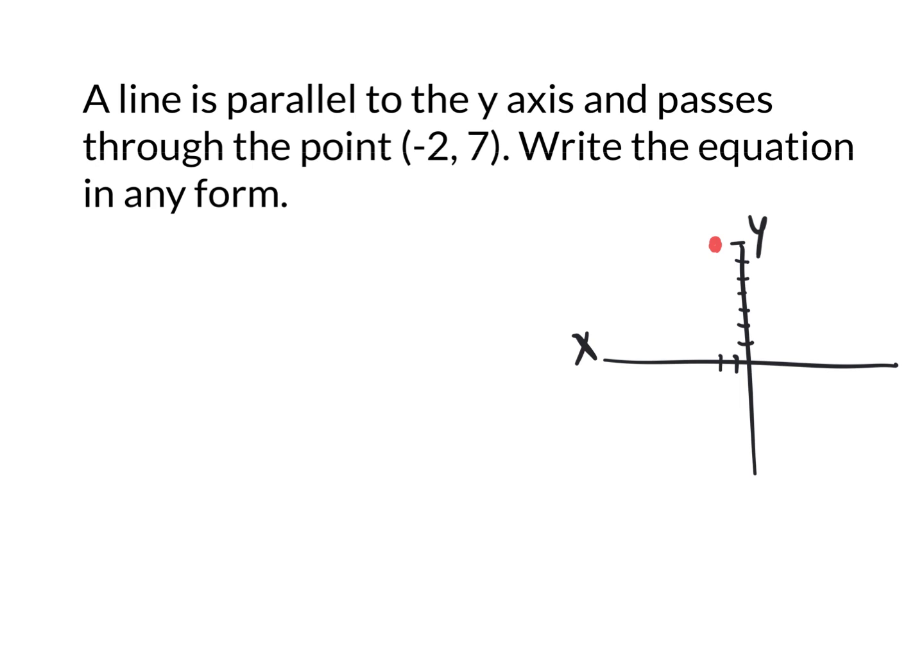That means that this line that passes through the point negative 2, 7 is also perfectly vertical. So we know that vertical lines are the equation what? X equals or Y equals? X equals, and in this case, X equals what? Negative 2. Because we know that the X value of that point that it passes through is negative 2. And if it's vertical, it's going to cross the X axis at negative 2. And that's about it, guys.